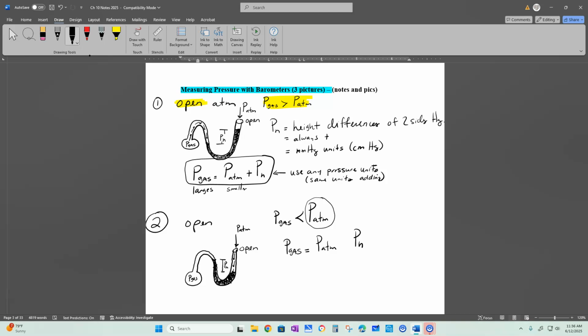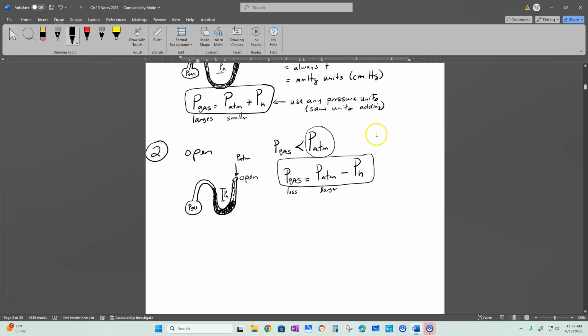Instead of adding, we're actually subtracting. Because remember, this value should be a smaller number, and my PATM is a larger number. So a large number minus a positive value means this P gas is going to be a lesser value. So in one case you're adding, the other case you're subtracting.